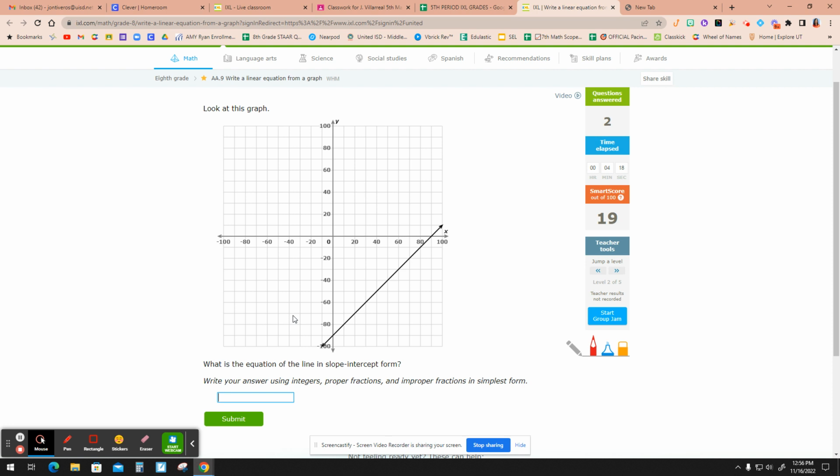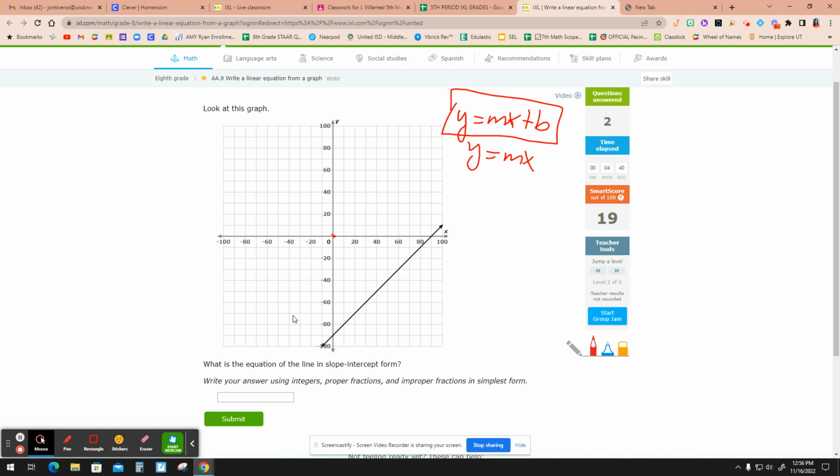So in this question, same thing. I'm going to either write y equals mx plus b or y equals mx. Does this line pass through the zero? No, so I'm using the top one then.